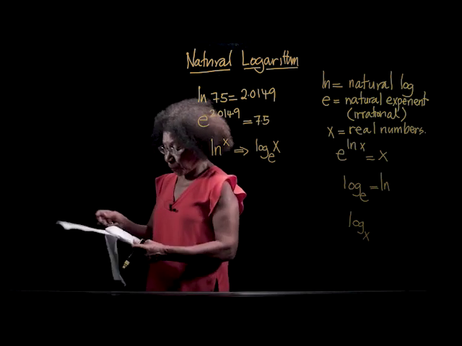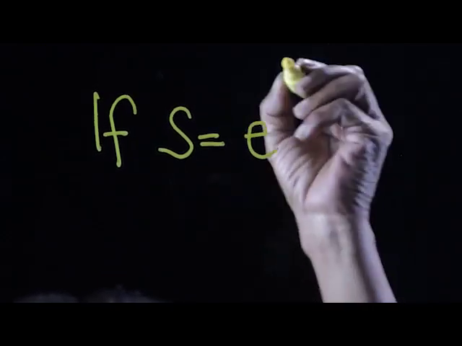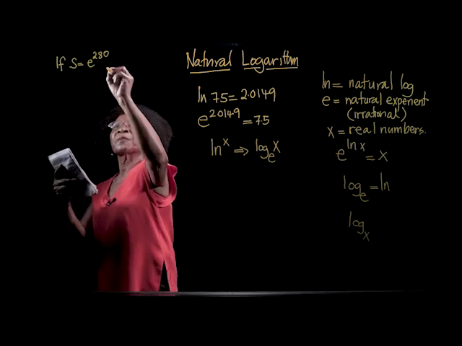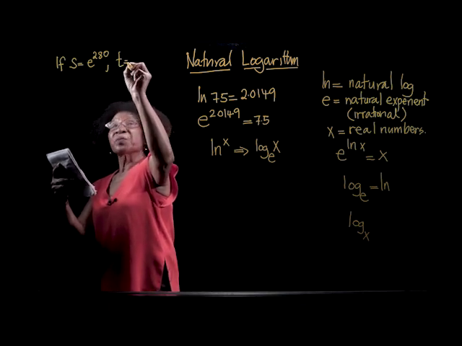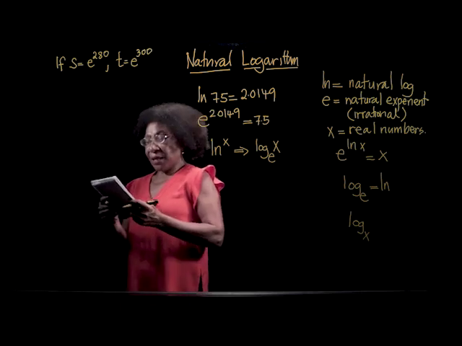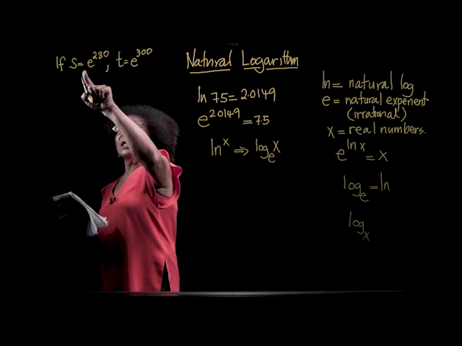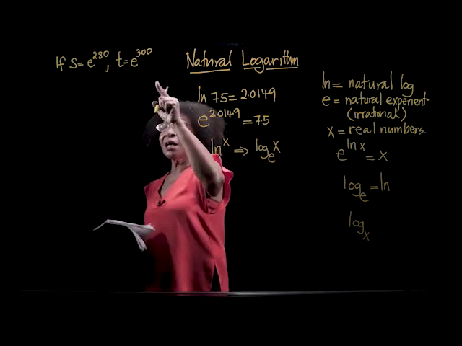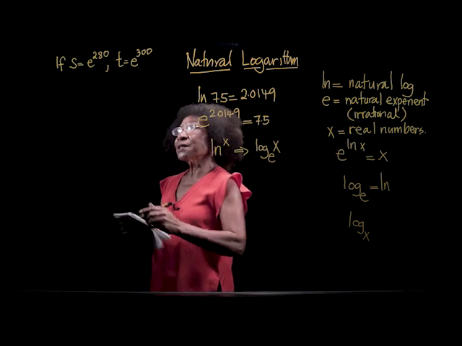If we have s is equal to e to the power of 280, and t is equal to e to the power of 300, and we have an expression involving s and t, then let's look at the expression.